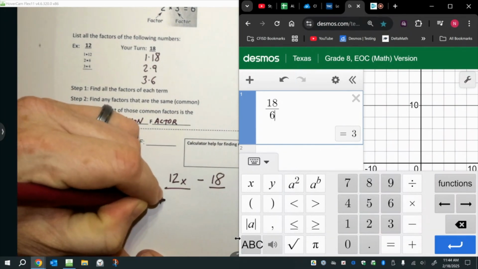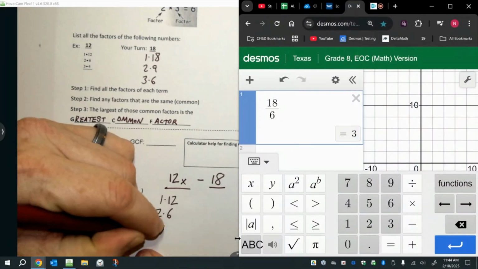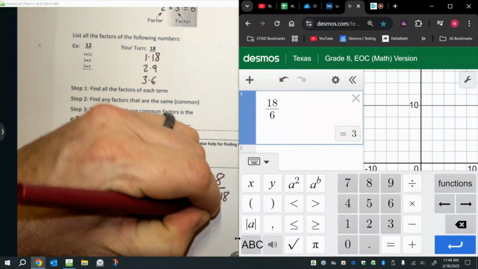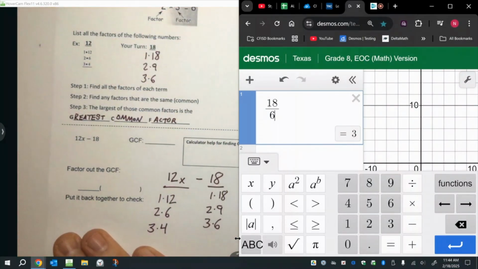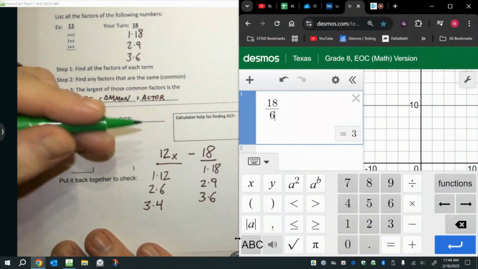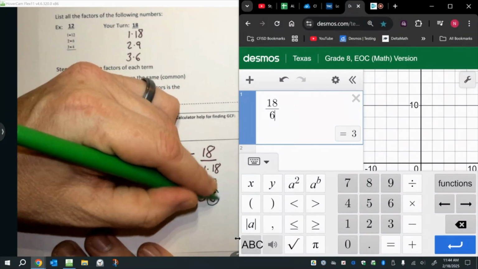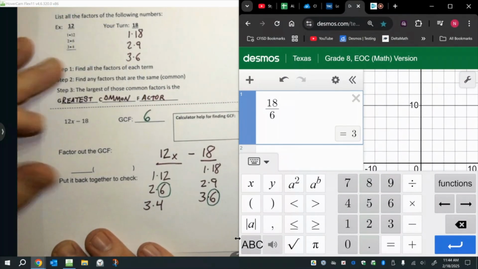I had 1 times 12, 2 times 6, and 3 times 4. Over here I had 1 and 18, 2 times 9, and 3 times 6. So which one is the biggest one that's common in both lists? Well, the biggest one in both lists is 6. So my GCF is 6, okay?